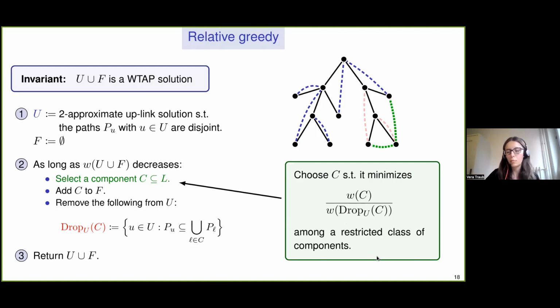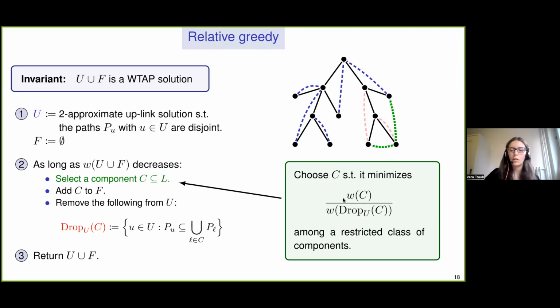And I will choose my component C among some restricted class of components. So in some sense, I'm minimizing the factor by which the stuff that I replace becomes cheaper when I add my component.